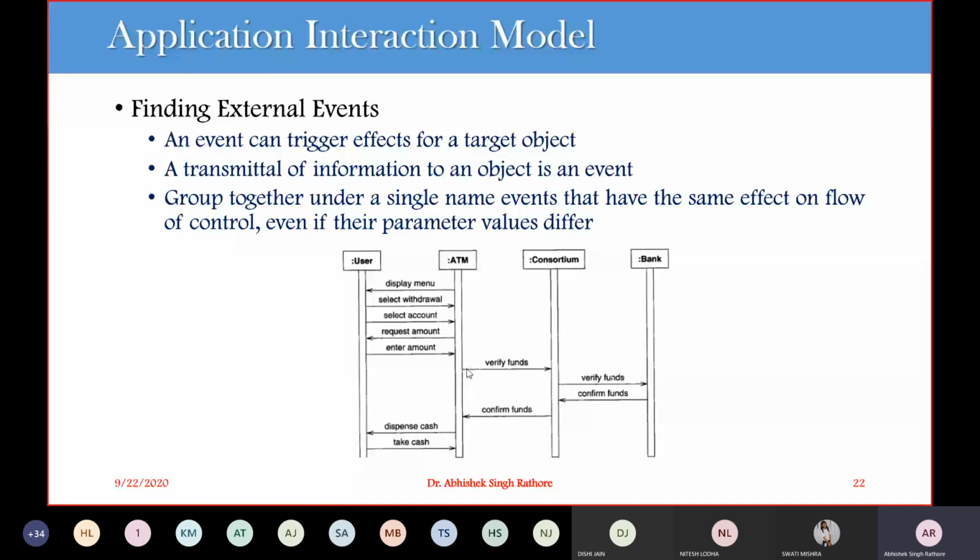Then the consortium again verifies from your banking system. Your bank confirms to the consortium that yes, it is fine. The consortium is just a centralized computer system only for your ATM machines. Then it confirms your fund. Then your ATM machine dispenses your cash, and your user takes cash from your machine, and then we'll move forward. So this is how you can go about finding your external events.